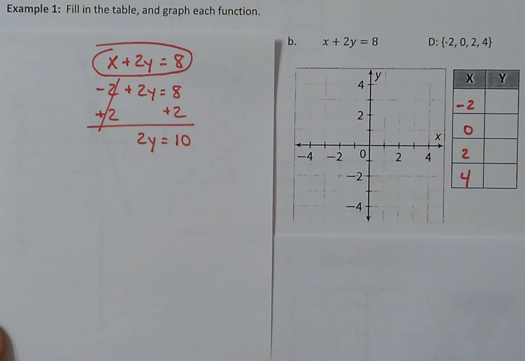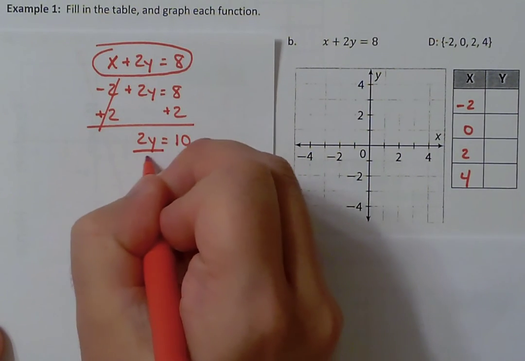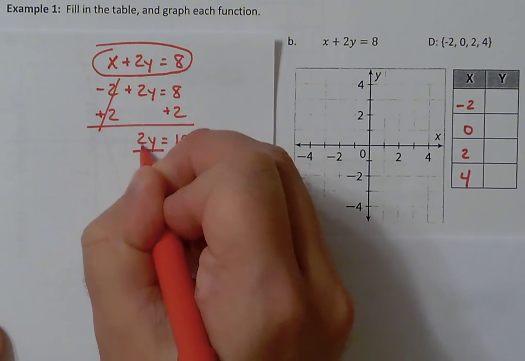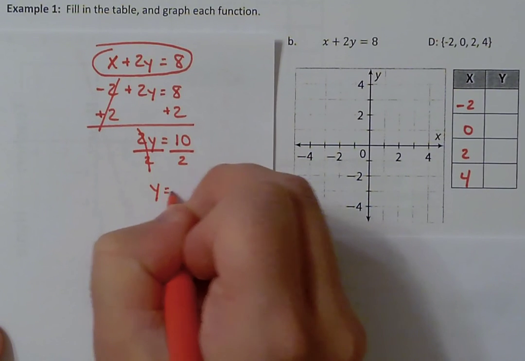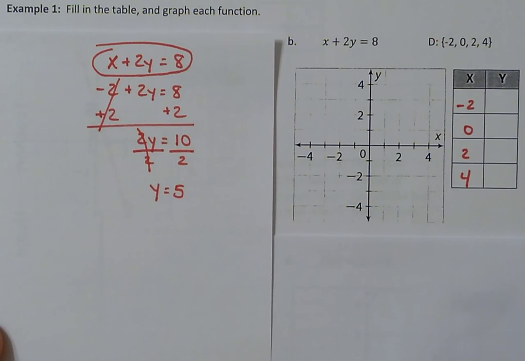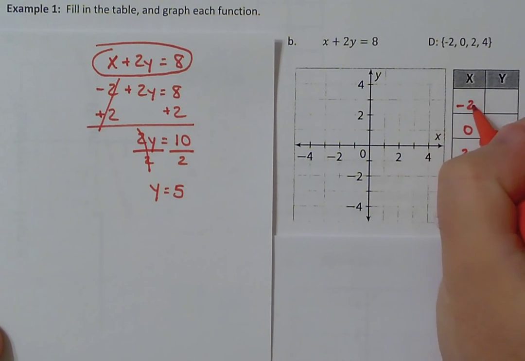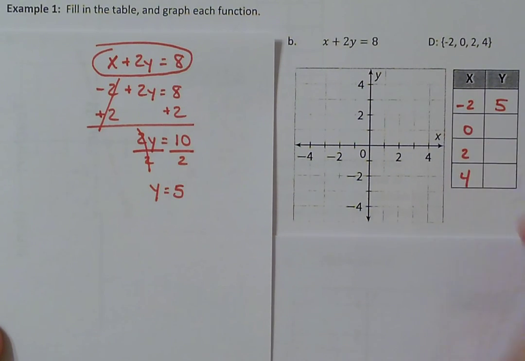And then if I divide 2y equals 10 by 2, the 2's cancel on the left, and I get y equals 5. So when x is negative 2, y is 5. You can fill in the rest of the points by doing that.